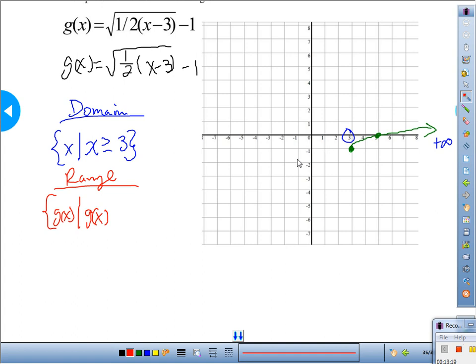What is it? -1. And if the arrow goes that way and it continues growing, it continues going to what? Positive infinity. So this is g(x) greater than or equal to -1. We good with domains like that, is that correct?